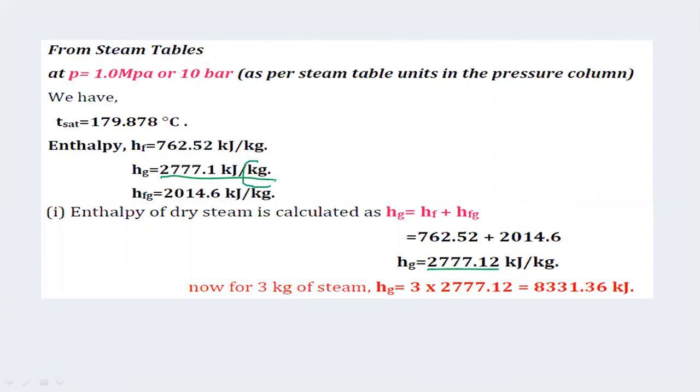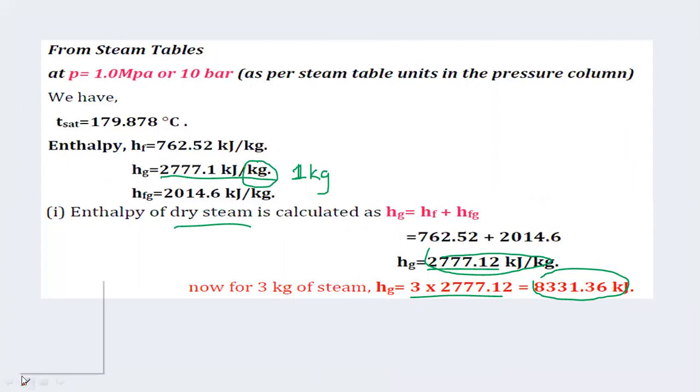For 1 kg of steam. In our question, how much he has asked? 3 kg of steam. So what we should do? We should multiply this value with the 3 kg of steam, which we have done here. So then how much we get the answer? This is the enthalpy of which kind of steam? Dry steam for 3 kg.